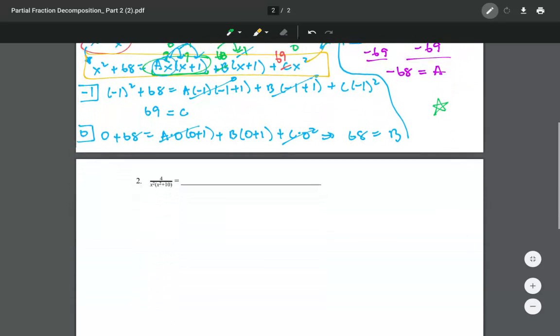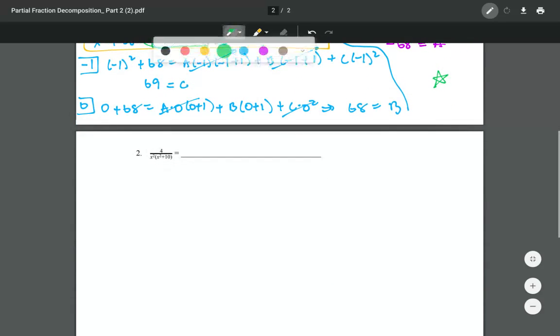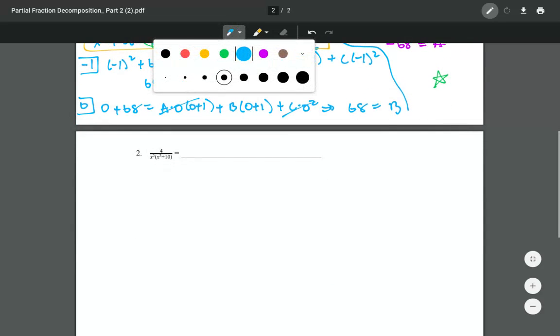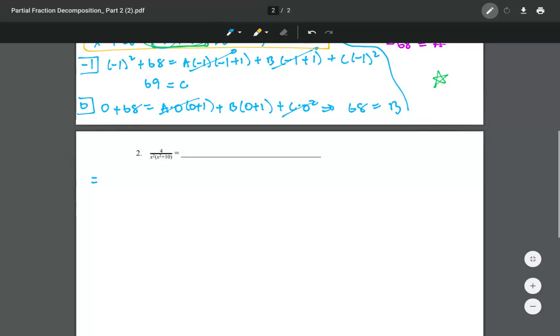Okay, let's do this next one. This next one is already multiplied out for us, so I can go ahead and set up the template. We've got x squared, so that's going to be a over x plus b over x squared, using multiplicity. And then this one's really similar, x squared plus 10, so that's going to be cx plus d.